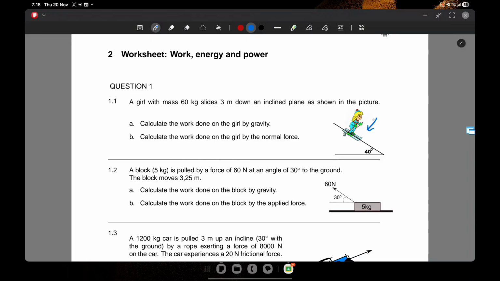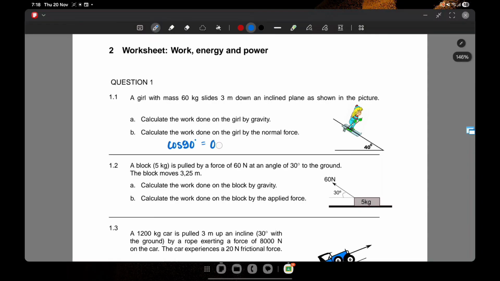The second reason, the mathematical reason why there's no work being done, is because cos 90 is 0. So anything you multiply this by, no matter what the mass is, no matter what the gravity is, no matter what the height is, it's all going to be 0.